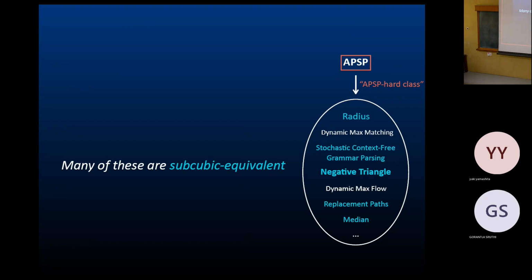Because APSP is a hard problem with a lot of answers, if you solve it faster, you solve most of these problems faster. For example, for negative triangle, if for every pair you knew the shortest path, you could get the 2-hop distance, then compare the edge with it, and you would know if there's a negative triangle in subcubic time.